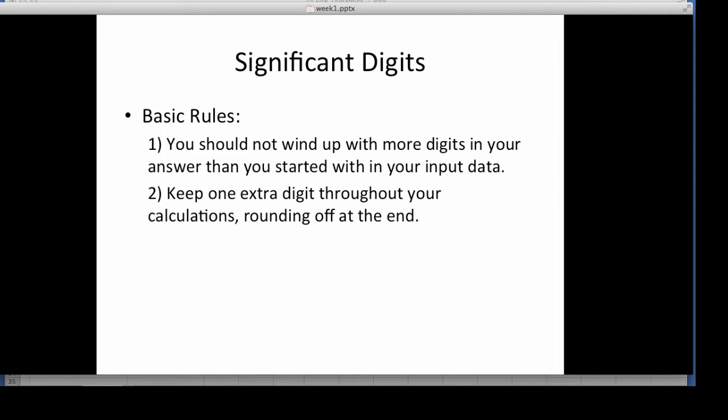So don't carry along a lot of decimal points. We need to look at only the number of digits that are really significant to us that we're comfortable with. So basically, don't carry forward lots of small numbers and decimals. Just go ahead and round those to the nearest number. You shouldn't wind up with more decimals at the end than you put in at the beginning, essentially.